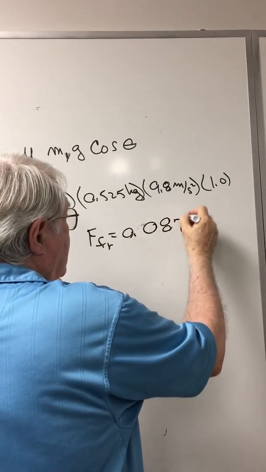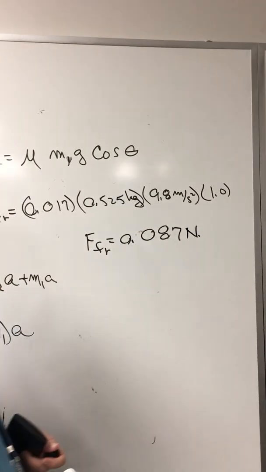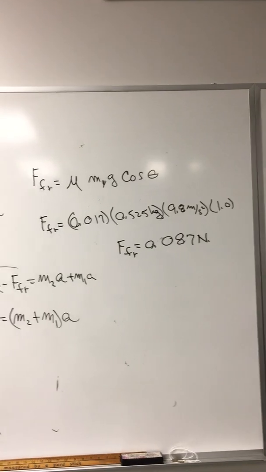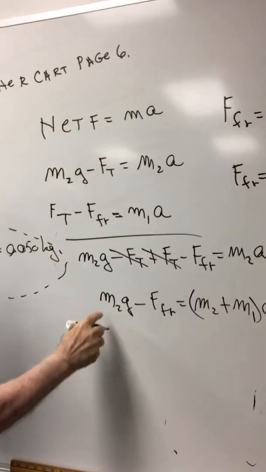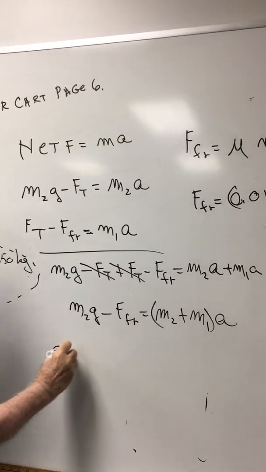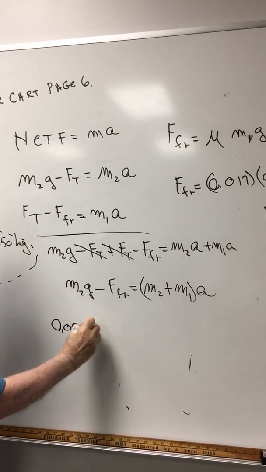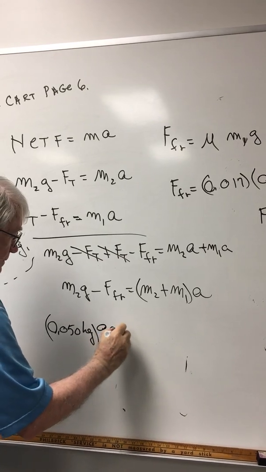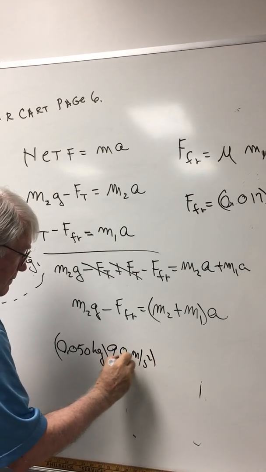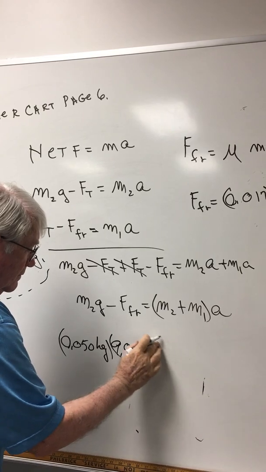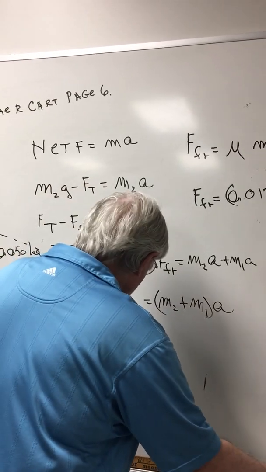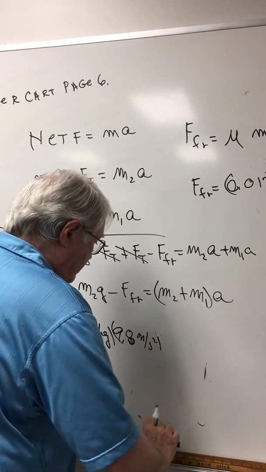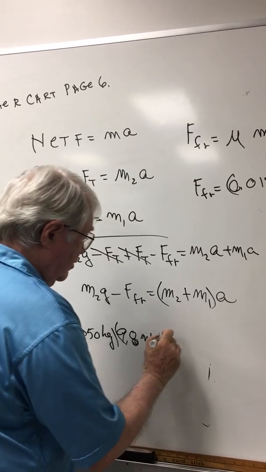0.087, and this is going to be newtons. Now going back over here, we said that this thing right here is about 0.05 times 9.8 meters per second squared, minus 0.087.